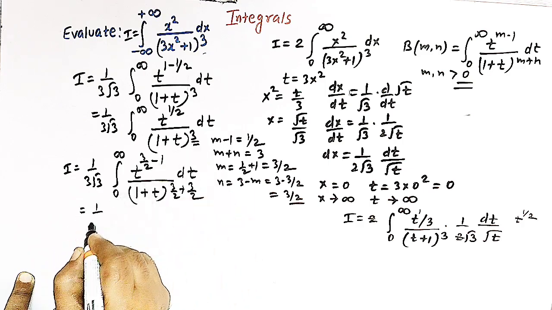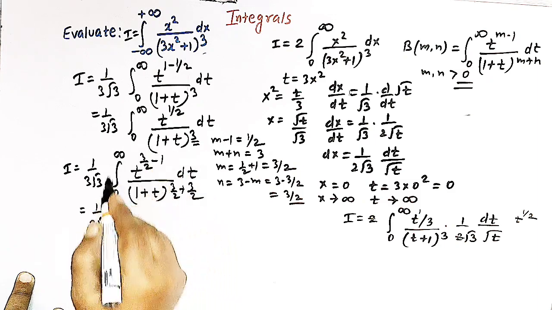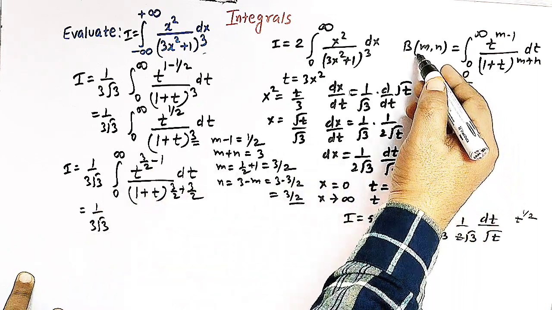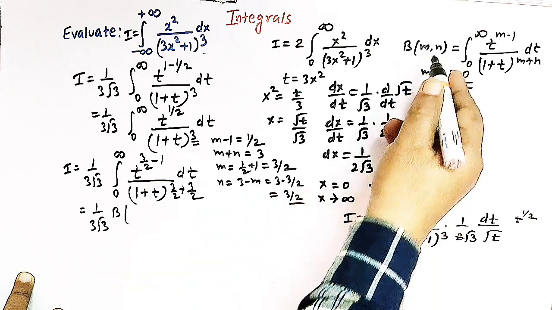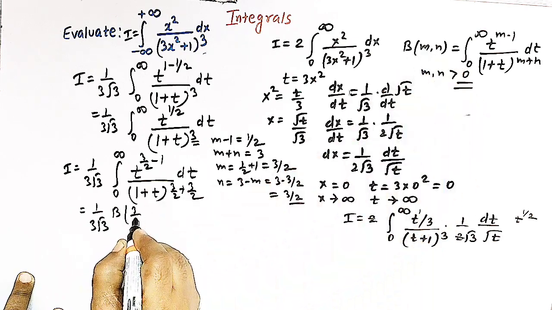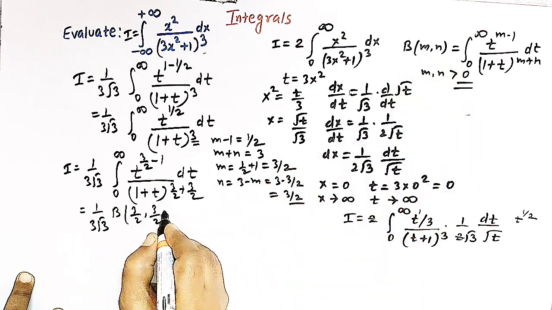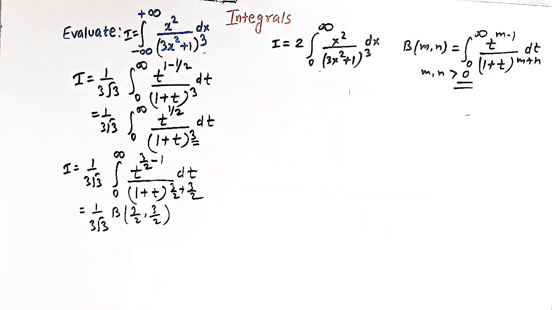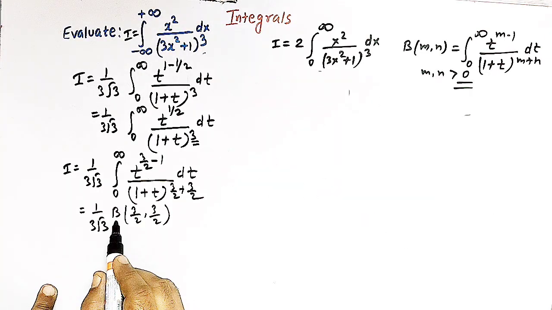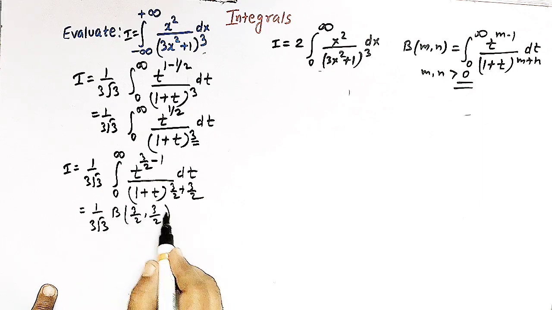So now we have 1 over 3 root 3, and this integral is our beta function. So we can write beta m comma n, and m is 3 by 2 and n is also 3 by 2. Now let us find out the value of this expression.